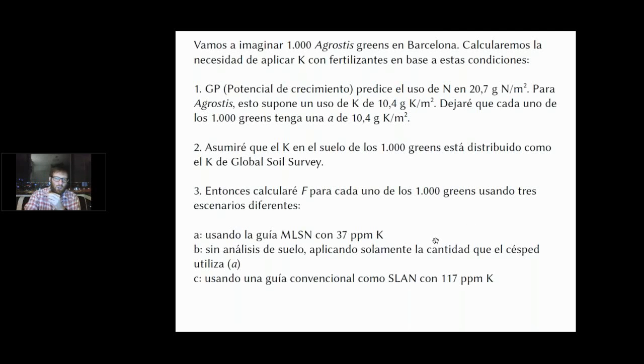We will calculate it using the MLSN guideline. We'll calculate it without soil testing at all and just apply the amount the grass requires, A. And we'll also calculate it using a conventional guideline of 117 parts per million potassium.